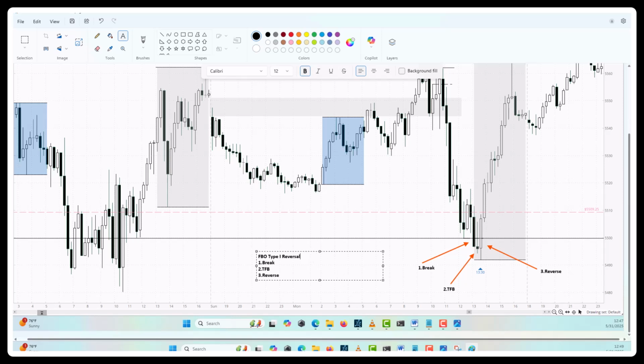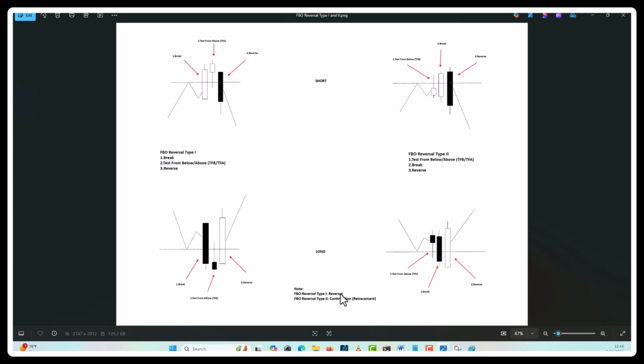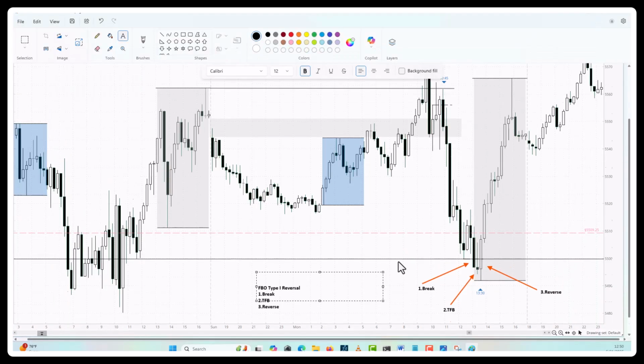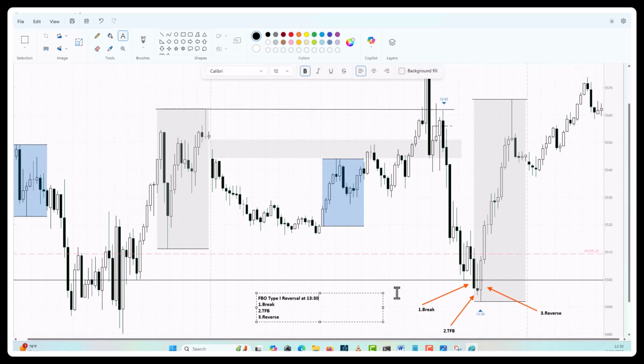Right here is the reversal type 1, which is exactly what we describe right here. Type 1 is not only but majority falls into reversal, and type 2 is majority falls into continuation, and it signals the end of retracement. So right here, yeah, we put the time reference right here. Totally perfect. Could not be better than this.